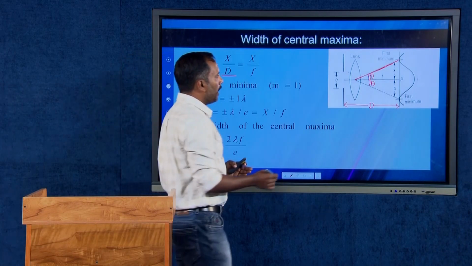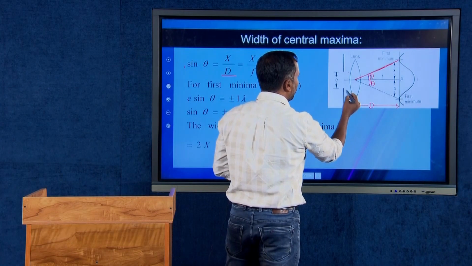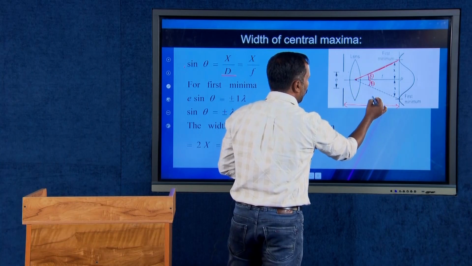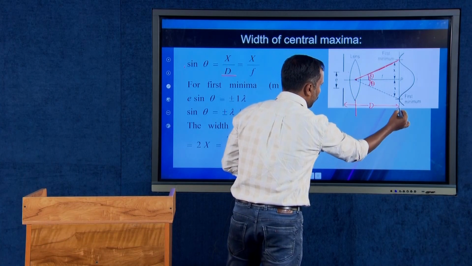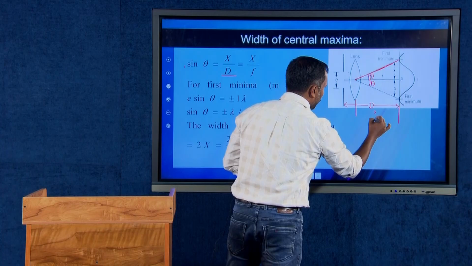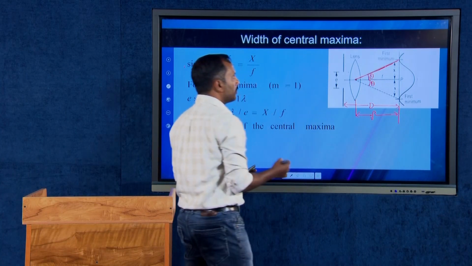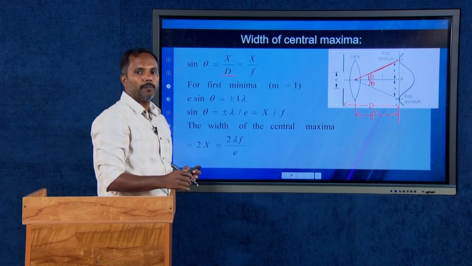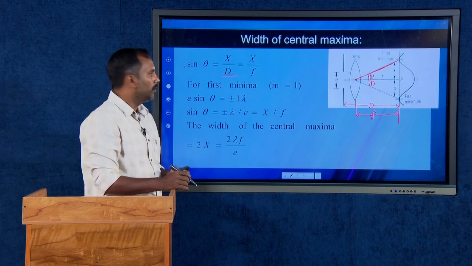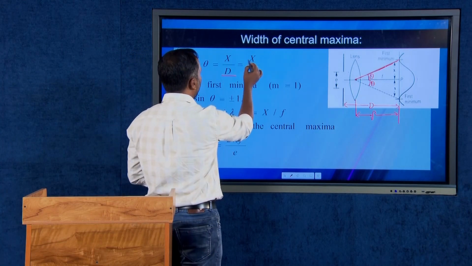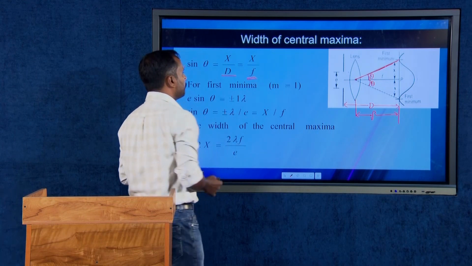Now, if we are placing this lens very close to the slit, then this distance is the focal length of the lens. If the lens is very close to the slit, then D can be approximated as f. Therefore, I can write this equation as x by f itself.